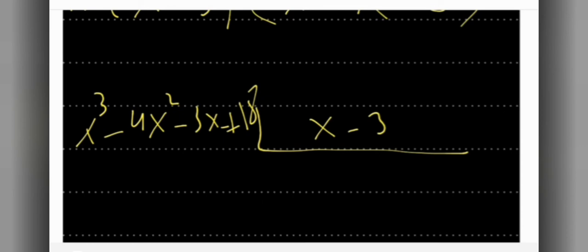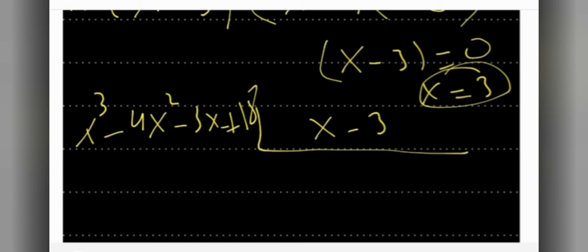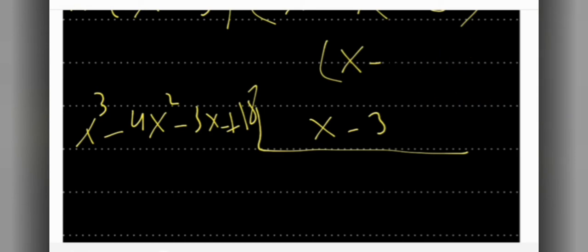Why is x minus 3 a divisor? Because 3 is a root. Why is it minus 3 and not plus? Because you want this part over here to be 0, so x equals 3 is a root, okay? So this is why it's minus.